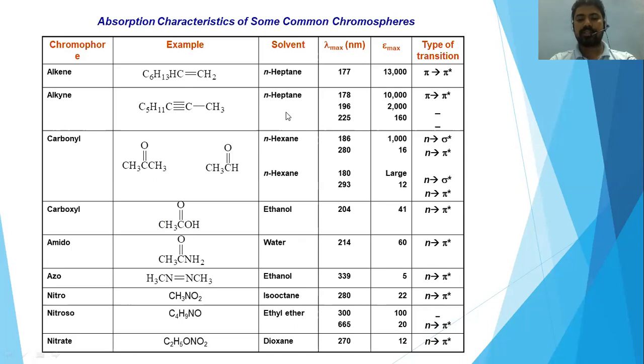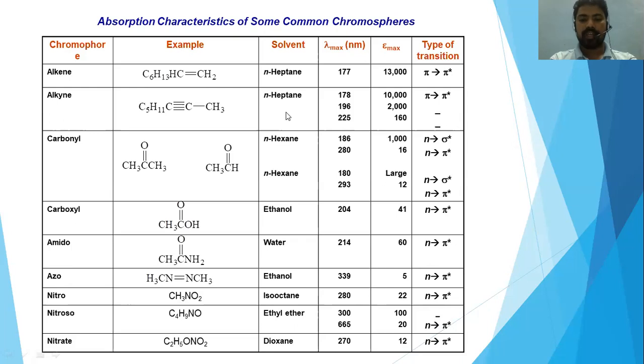So this is the difference we can find with aldehydes and ketones. The transition regarding n to sigma star for aldehydes will appear with a large absorption intensity value, and it would be at 180 nanometer absorption wavelength value.